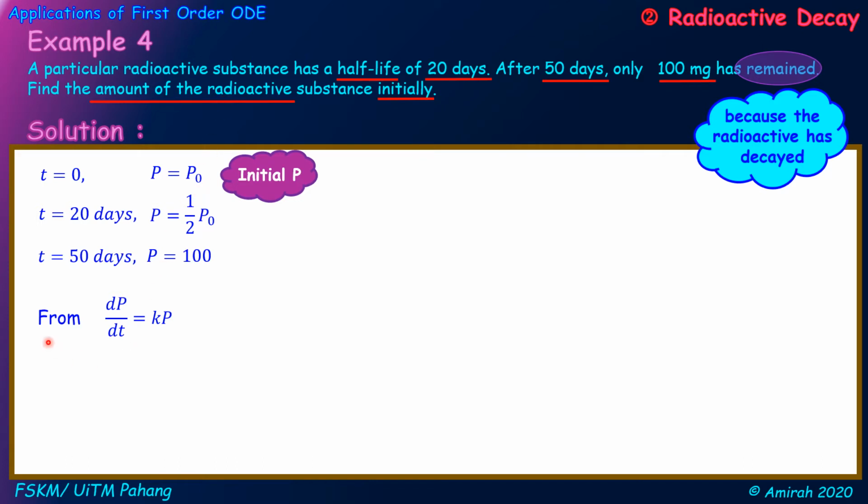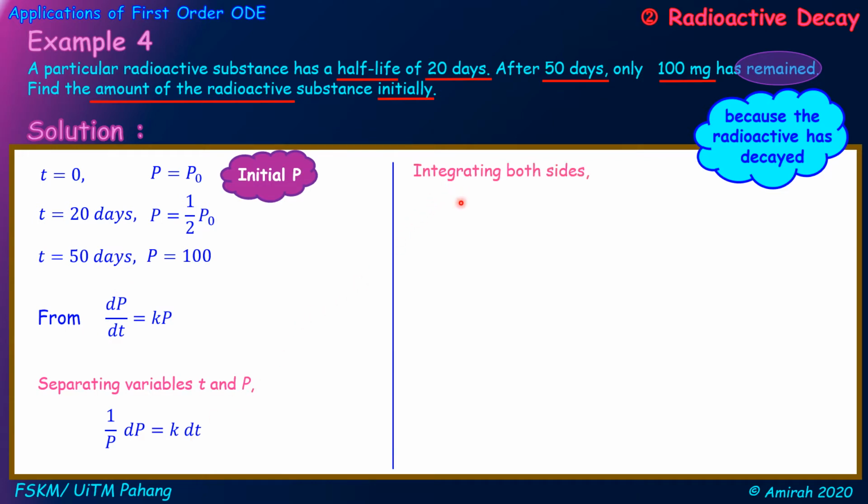So we start with dP over dt equals to kP. And then separating variables T and P. We move dt to right hand side, it becomes multiplication, and then we move P to the left hand side. So we get 1 over P dP equals to k dt.